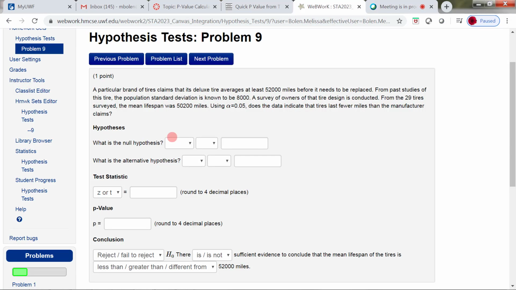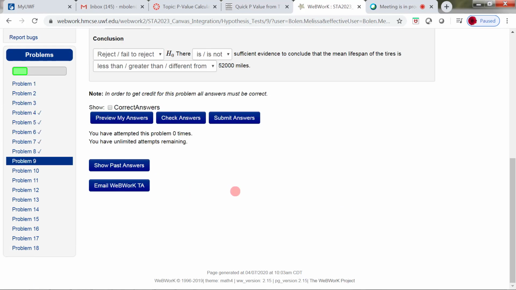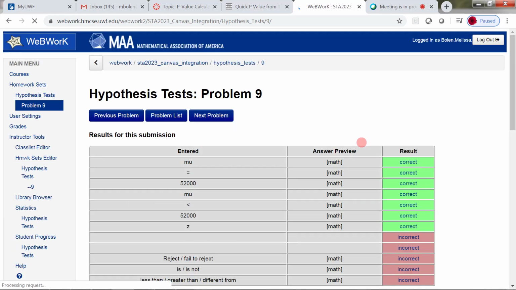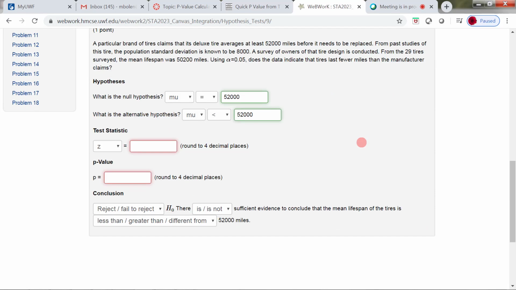So we'll put in that mu is equal to 52,000, and that mu is less than 52,000, and it is a Z statistic. We'll submit our answers and then move on. Okay, so we have all of that right so far.